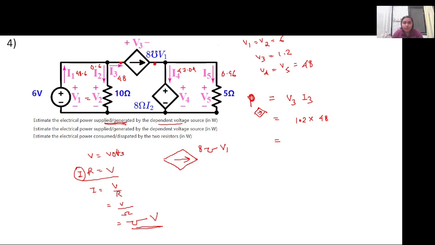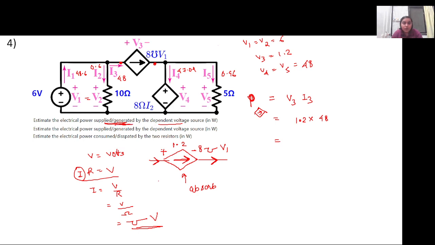So now for generation of power, we have current that is flowing in this direction, and the voltage drop V3 we have calculated to be positive 1.2 volt, right? This means current is going inside the positive terminal, which means this is actually absorbing power, not generating power as mentioned in the question.